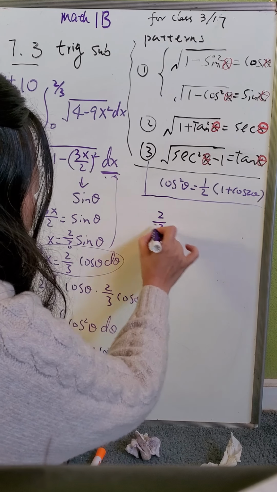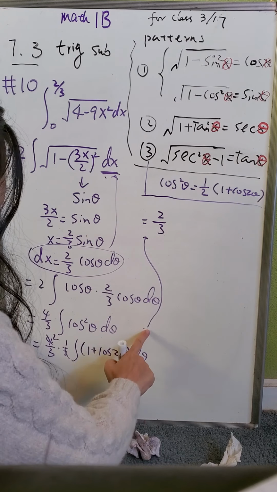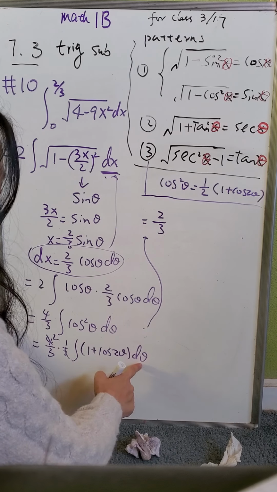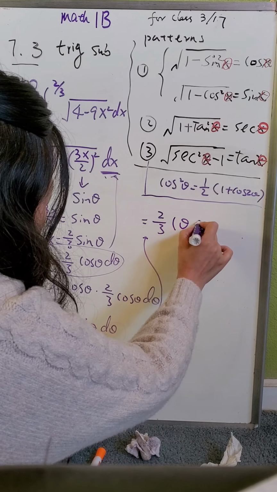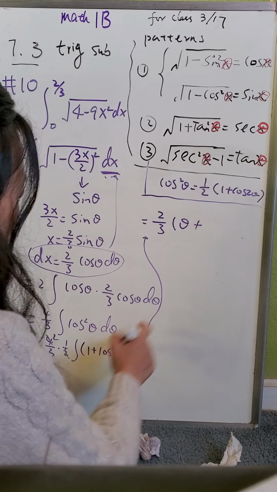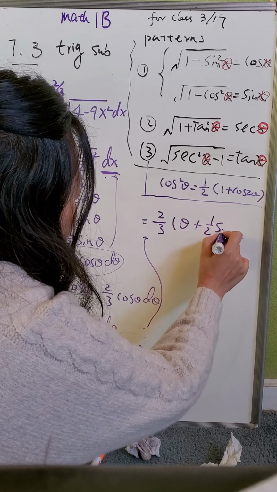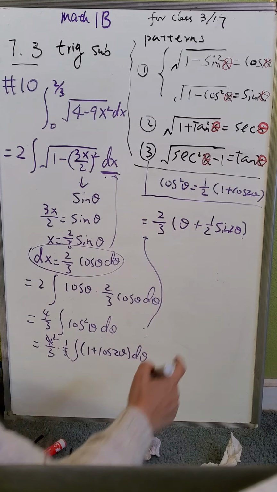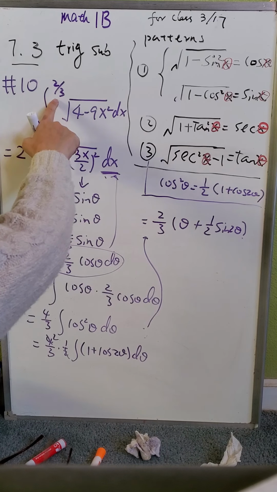Equal 2/3. And this is integrate 1 with respect to theta, just equal to theta. And remember I told you guys, this is just a 1/2 of sine 2 theta. Now, don't put the plus c because you're doing the limit.